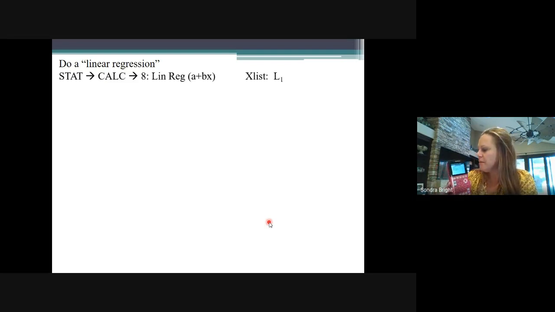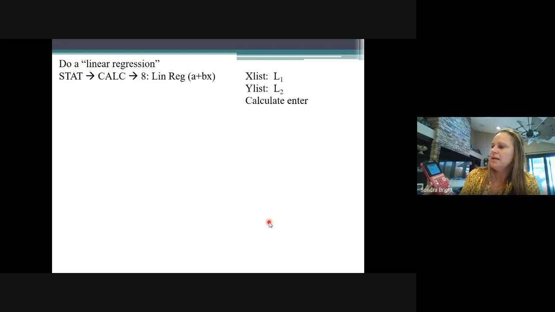All right, and then you want to make sure that under X list you've got L1, and under Y list you've got L2. Then you can just go enter, enter. We're not having you store it.